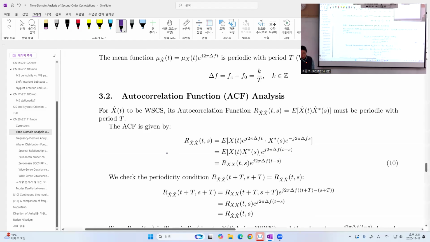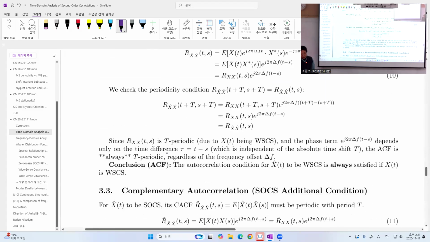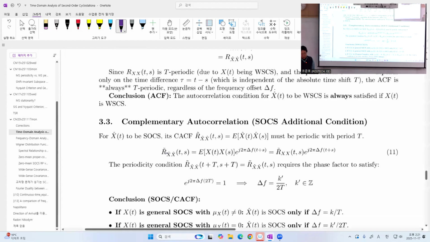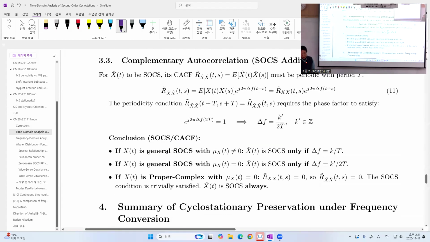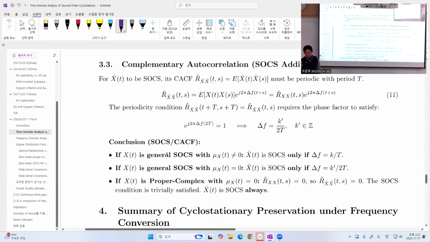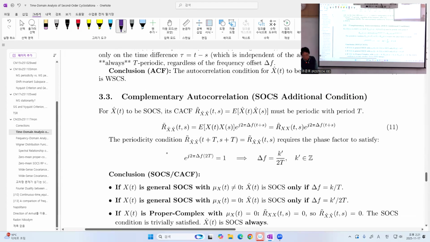Then again, we have the problem like this. Unless this difference between f0 and f1 is an integer multiple of 1 over 2T, our down converted signal is not second order cyclostationary.